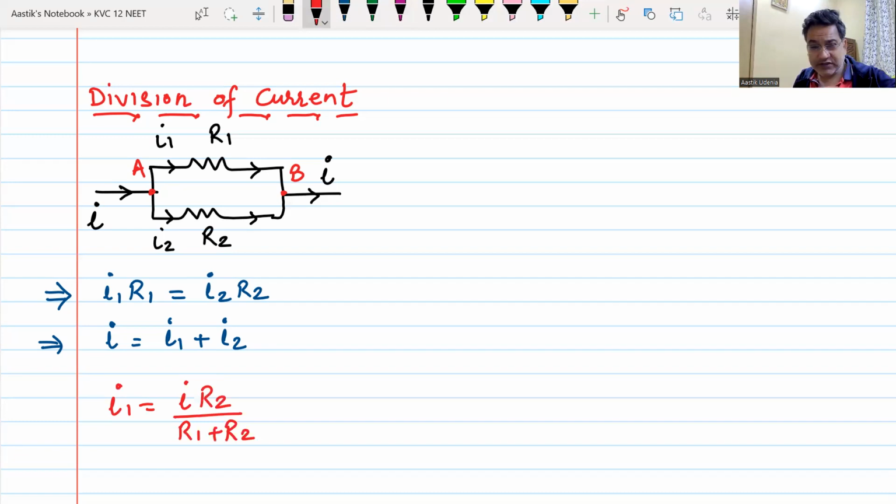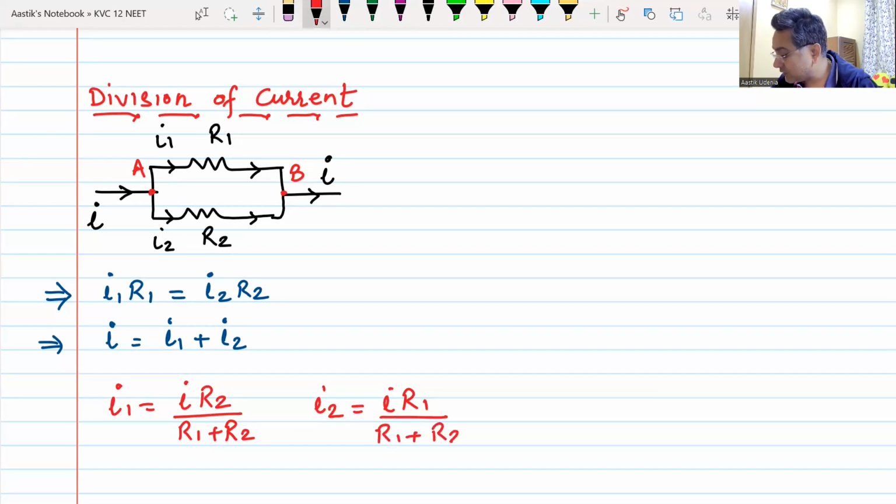I call this division in the inverse ratio. Why inverse ratio? Because with I2, R1 is coming and with I1, R2 is coming, we say that current divides in inverse ratio.